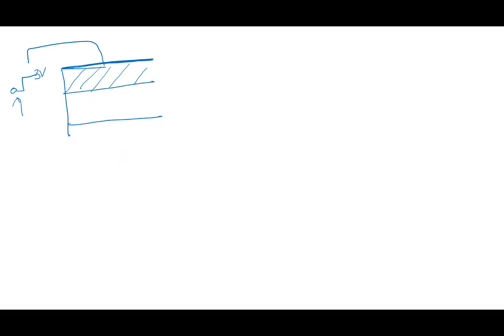By the way, how thick do you think this semiconductor is? I gave you the thickness of oxide, let's say 10 nanometer. Of course, now we are going into a few angstroms only. But how thick is the semiconductor?